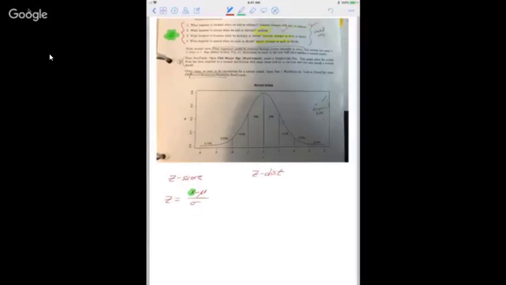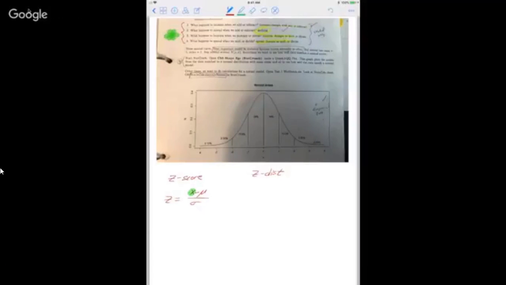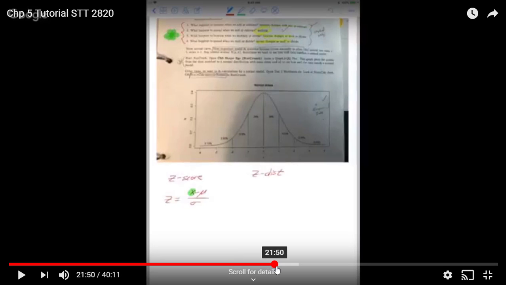The center is always exactly 0. And we have a standard deviation equal to 1. Something like this. Okay, so mu equals 0, standard deviation equals 1.